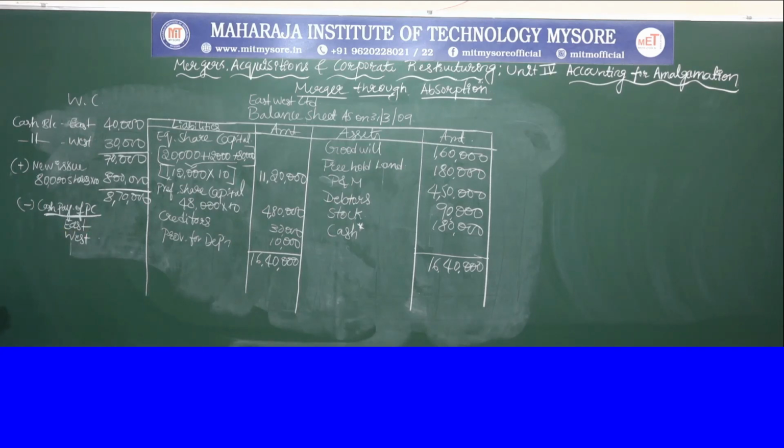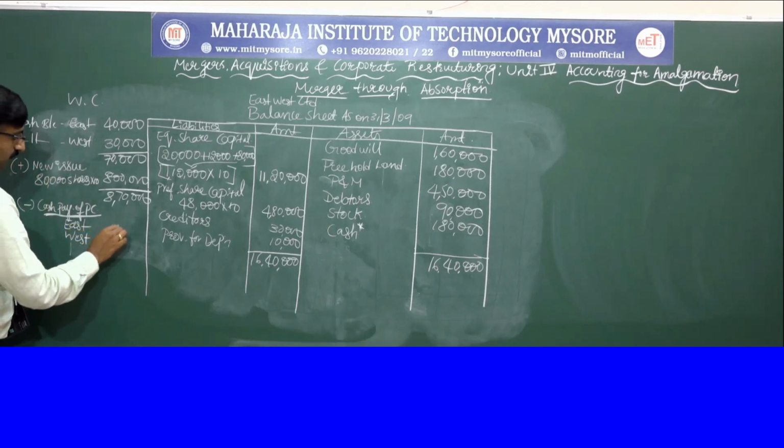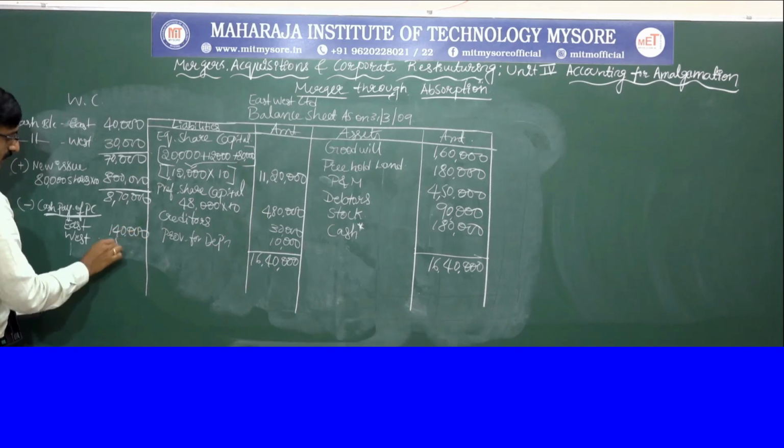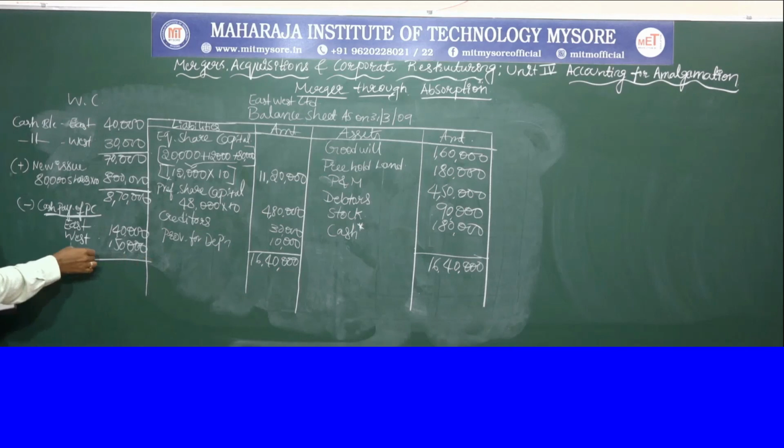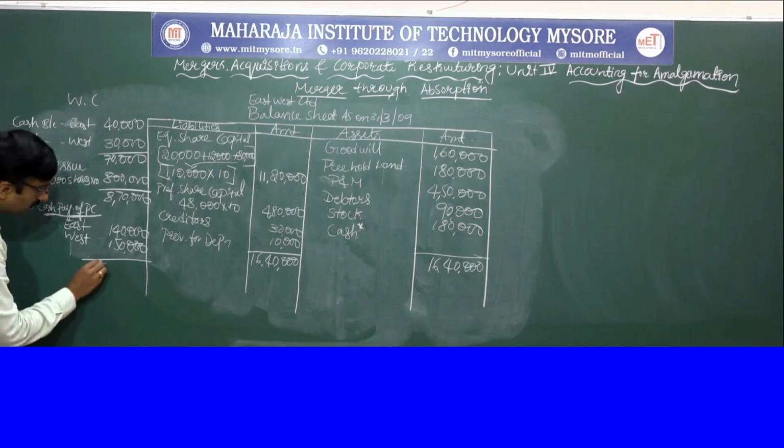For East we have 1,40,000 and for West we have 1,50,000, as done in the purchase consideration calculation. So 8,70,000 minus 1,40,000 minus 1,50,000, we will get 5,80,000 rupees.